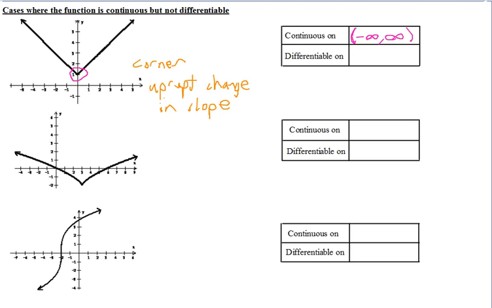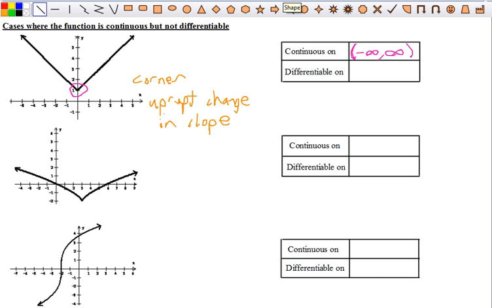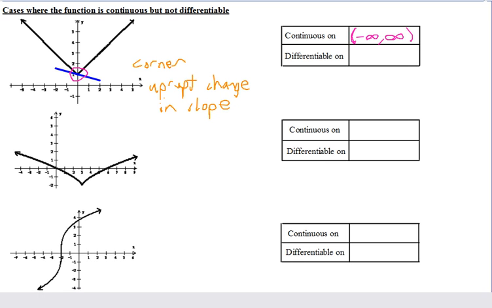So because of that, there's no way of knowing if this is the tangent line or it's going to be moved around. See, there's no way of knowing which of these would be the tangent line at that point because of that abrupt change in the slope. Can't tell.